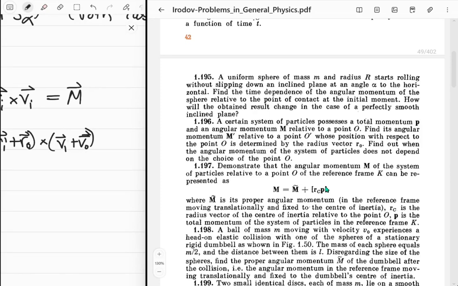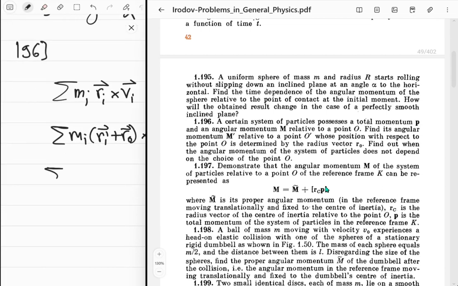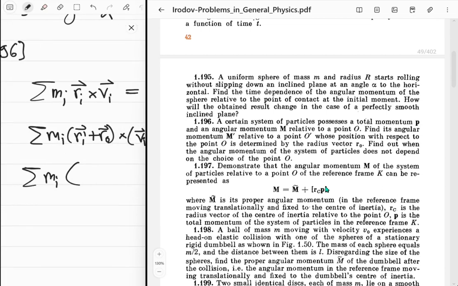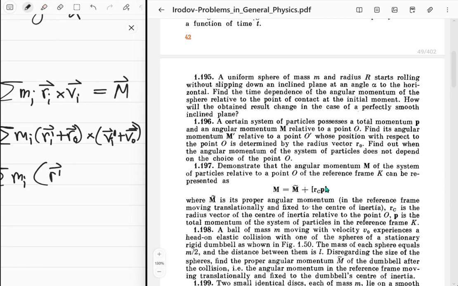Vi dash is pretty much the same thing as vi. Right, and that's equal to our m vector. Now this can be broken down as summation of mi, this thing cross vi dash vector, and then plus this and that.